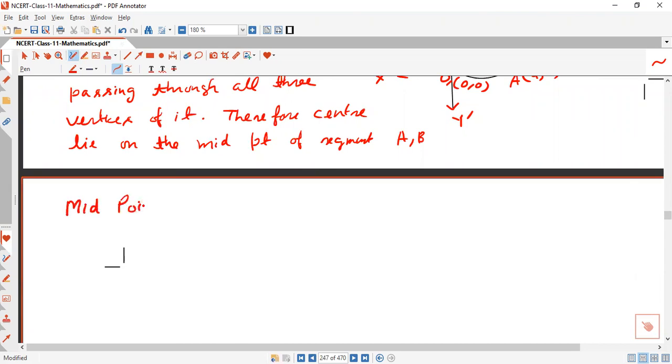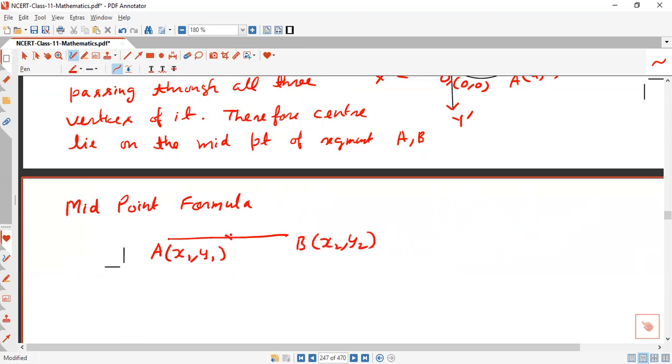Midpoint formula. Suppose these two points A and B are there, with coordinates x1, y1, and the second has coordinates x2, y2.